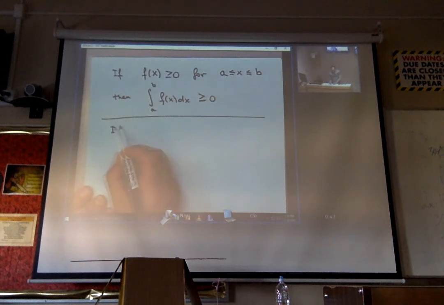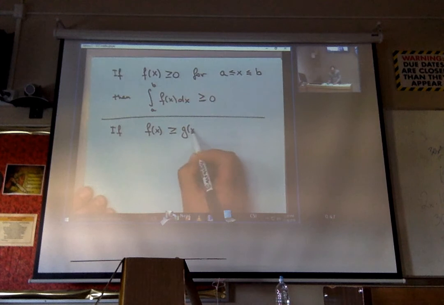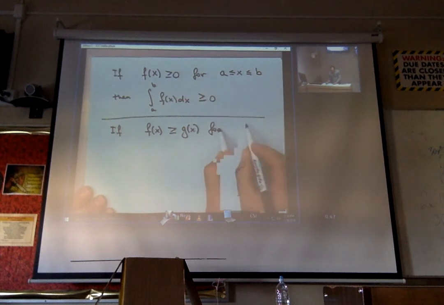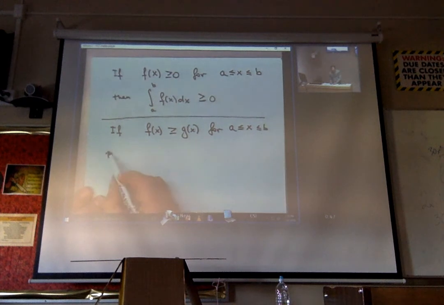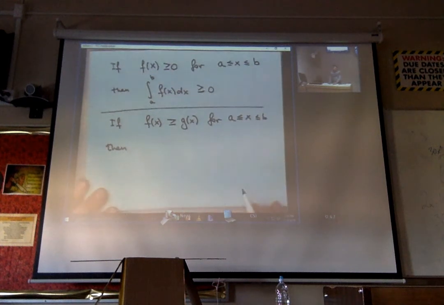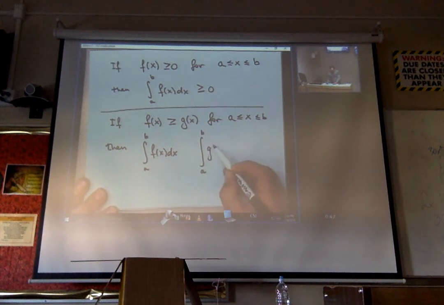Another one says this: if f of x is greater than or equal to g of x for the same interval, then the integral from a to b of f of x dx and the integral from a to b of g of x dx.